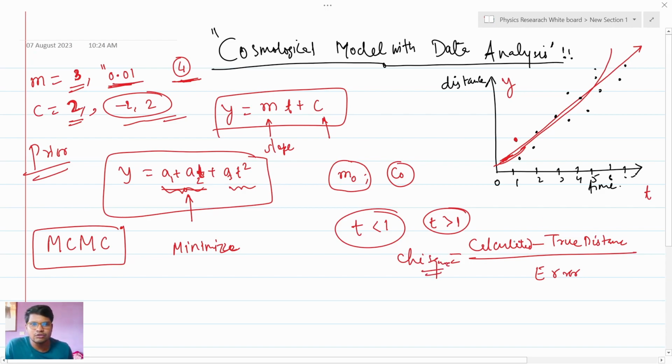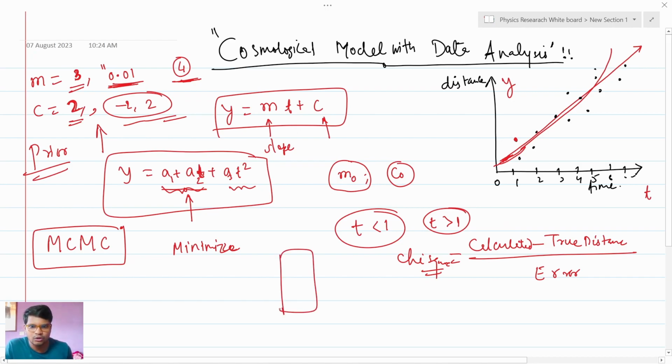Chi-square says that you have calculated the distance at different points using your model, using the priors. The priors will try to calculate, estimate everything at the same time. Let us say, for example, M3, it had selected 0.01, now it selects 0.1. So for each and every data point, it is trying to calculate everything.